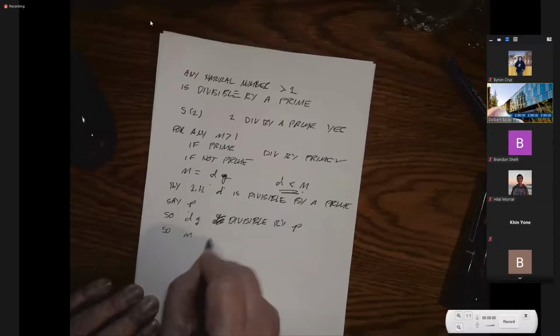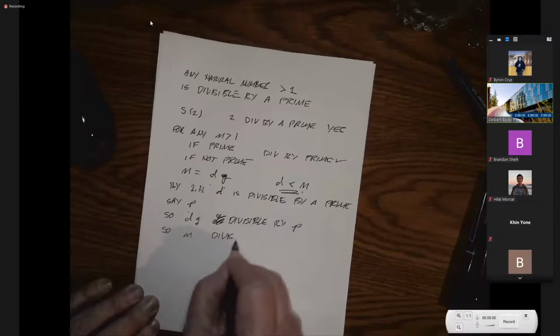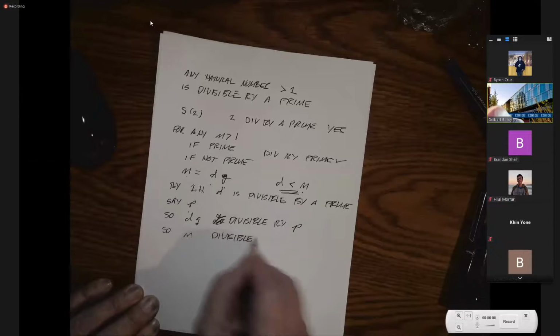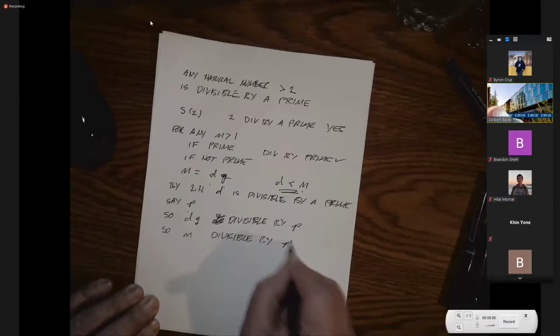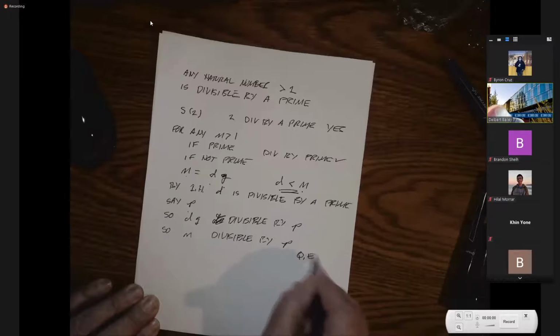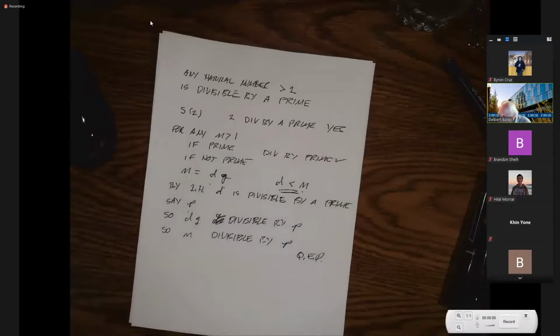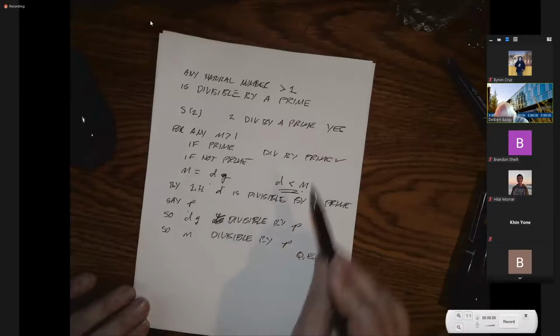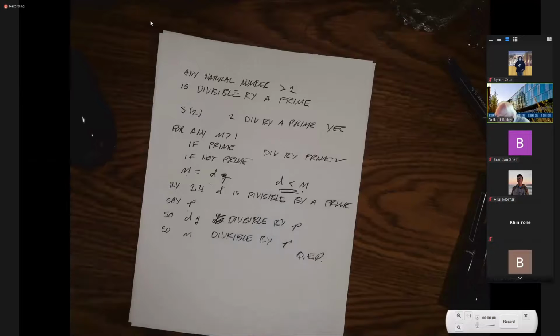So n is divisible by p. Okay, so here was a case where you couldn't do this by showing that if it was true for n minus 1, that it'd be true for n, but we could do it by showing if it was true for something less than n, that it would be true for n.